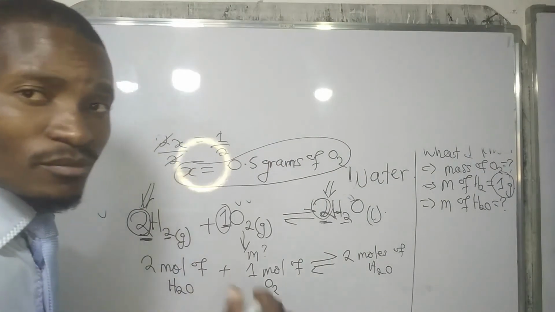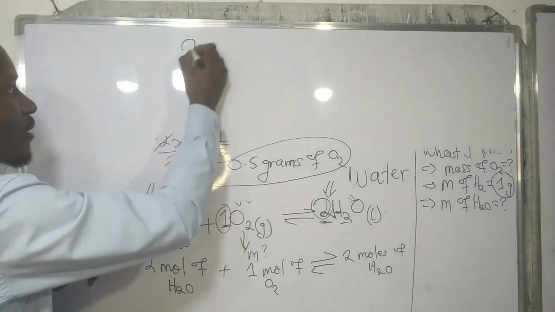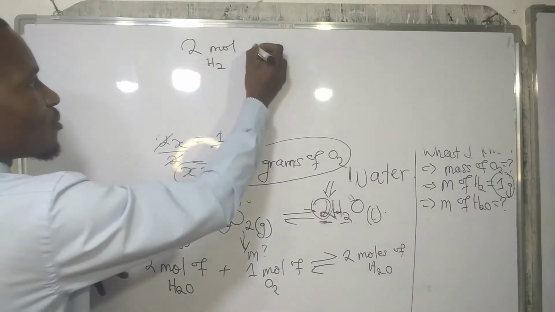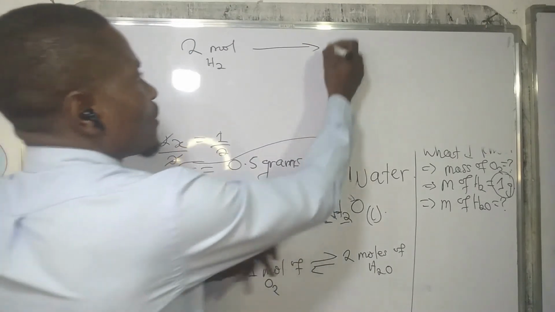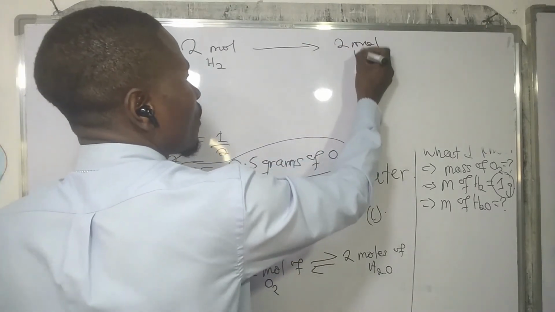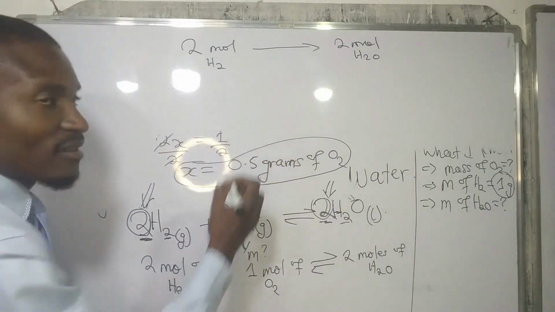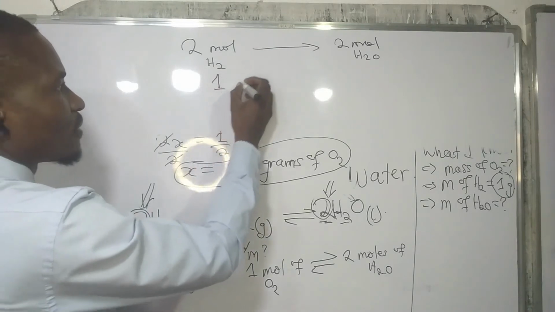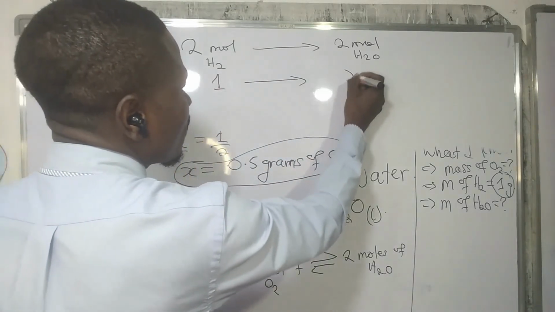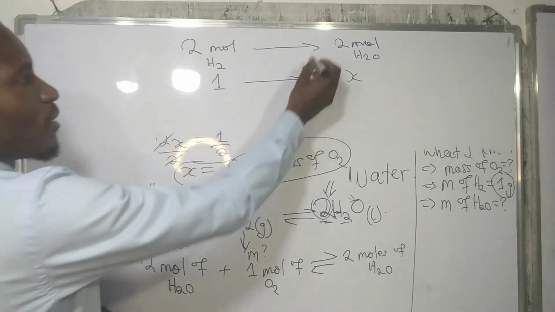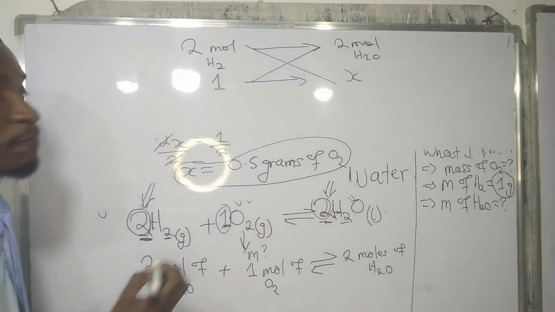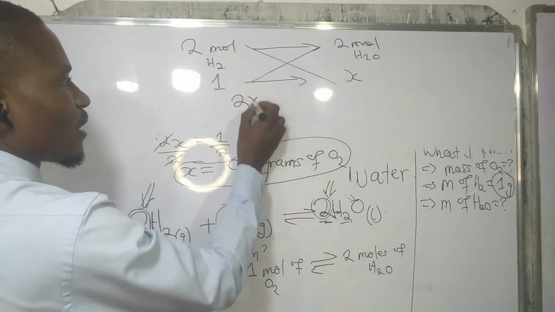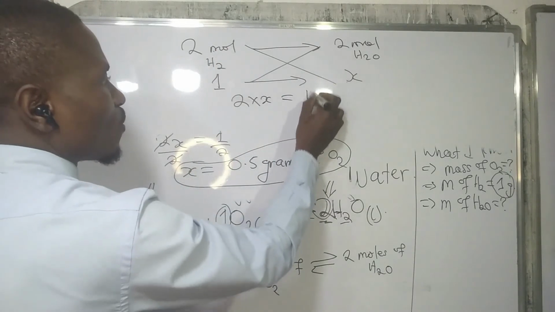So if you want us to prove this, we can go on and prove it. This is going to be 2 moles of hydrogen produces 2 moles of H2O. And then they are saying that 1 gram of hydrogen was used. So 1 gram of hydrogen will produce x. Okay, so you cross multiply. This is going to be 2 times x, and then 1 times 2.